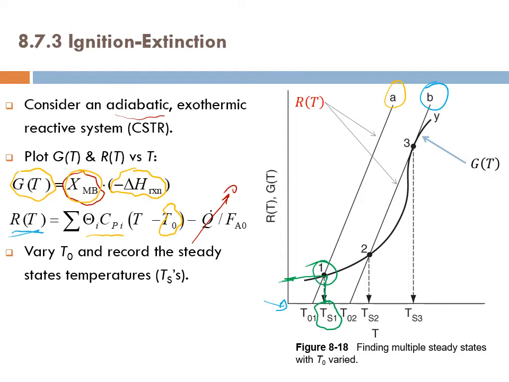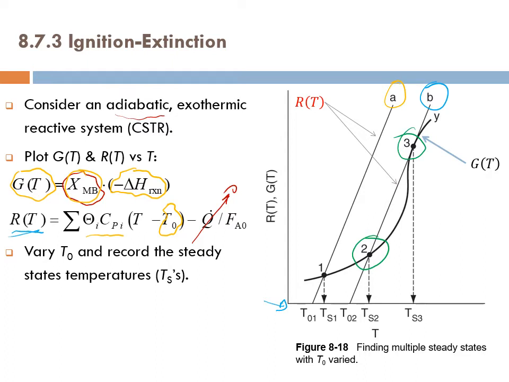Okay, let's change the T naught from T naught 1 to T naught 2. You can see here, now we have T naught 2. Let's read the steady state points. This is one steady state, and this is the other one, where GT equals RT.